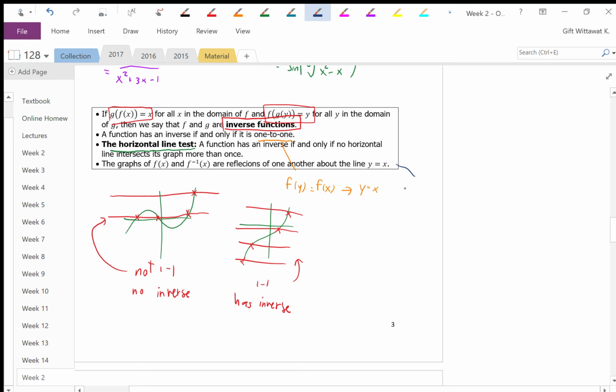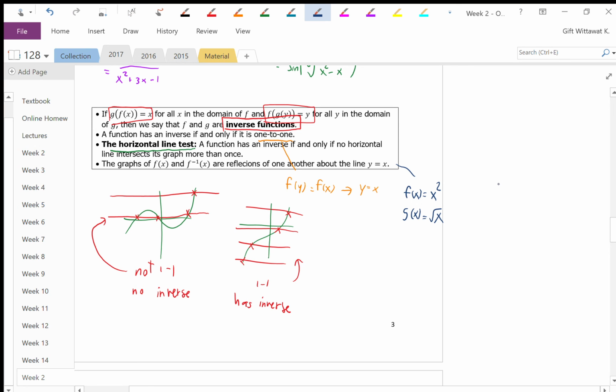It's easy to see that the function x squared and square root of x are the inverse of each other. When you square something and take the square root, it gets you back to the same number. If you take the square root of something and square it, it gets you back to the same number.